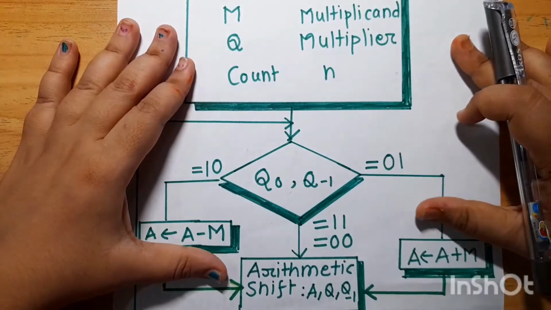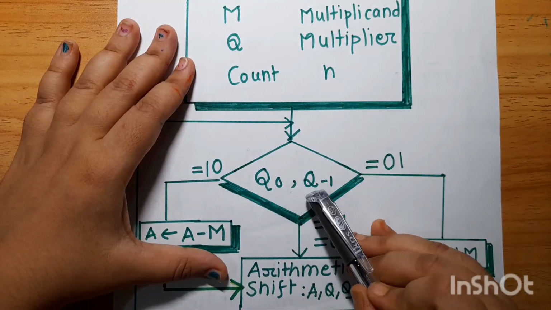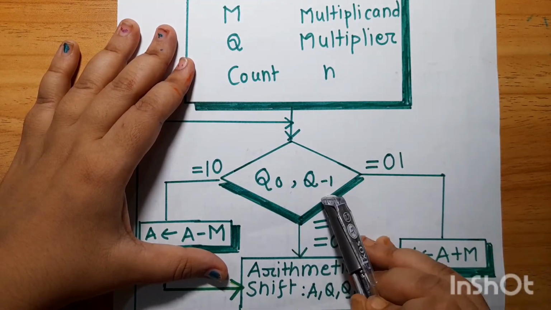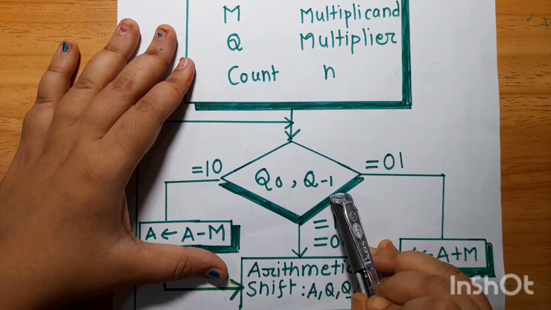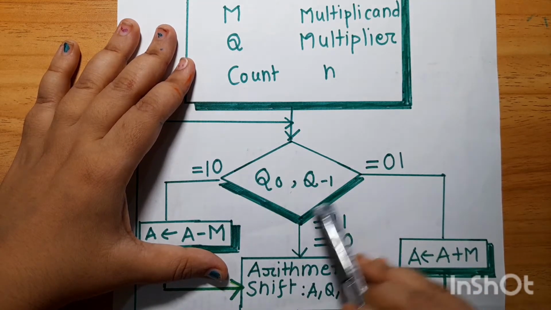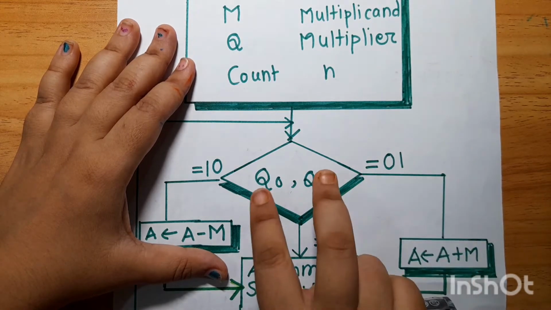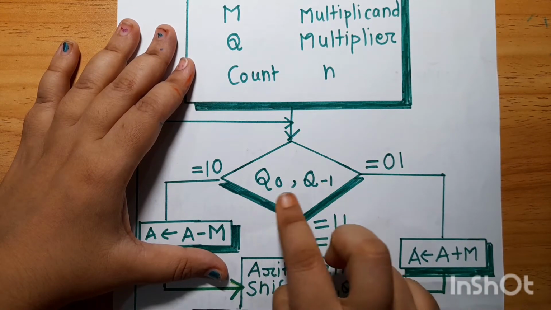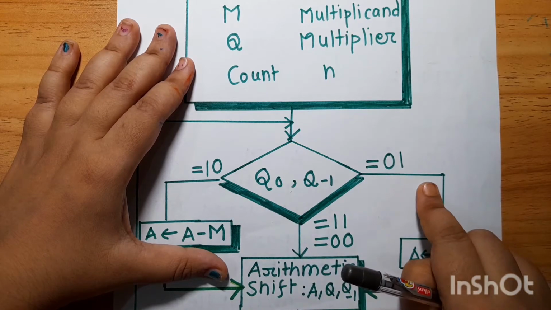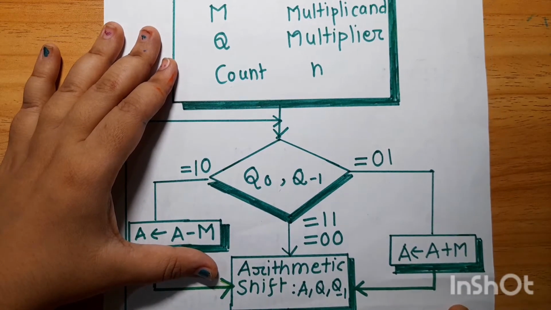Now, Q0 and Q minus 1, if I put them next to each other, if I concatenate them and the value comes as 0, 1, then what I have to do?